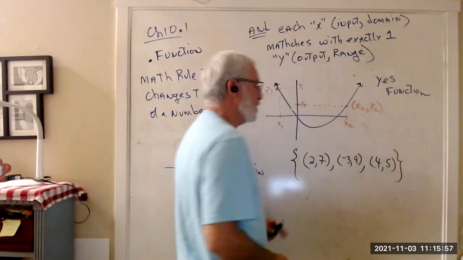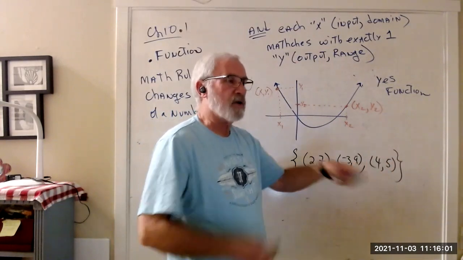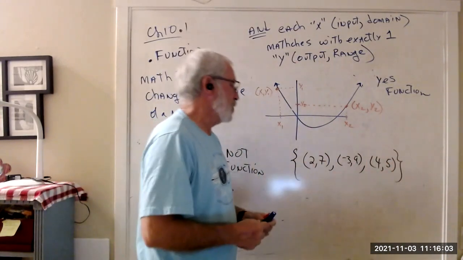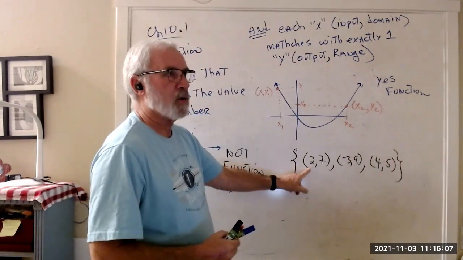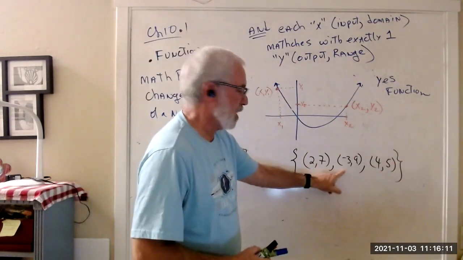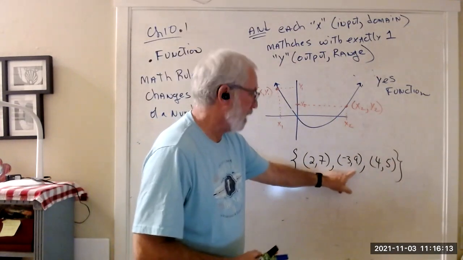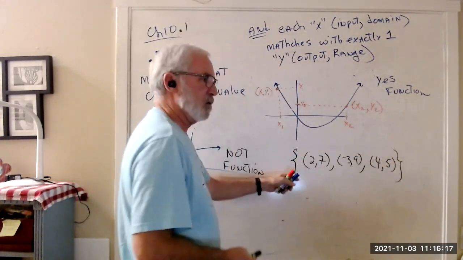And they may ask, does this represent a function? You have to ask, does each X match with only one Y value? 2, 7. Yeah. -3, 9. Yeah, one Y value. 4, 5. So this is a function.